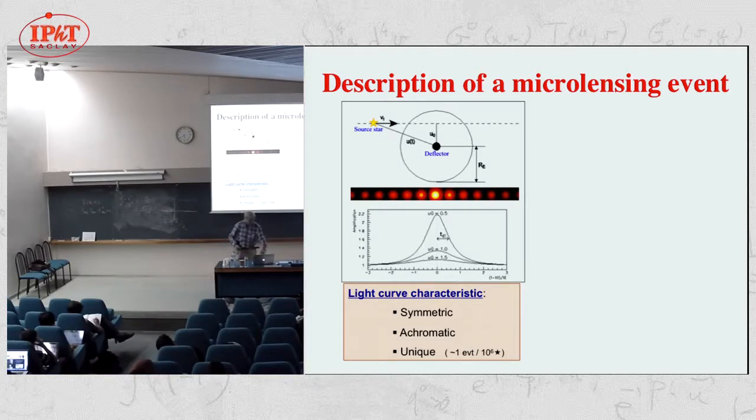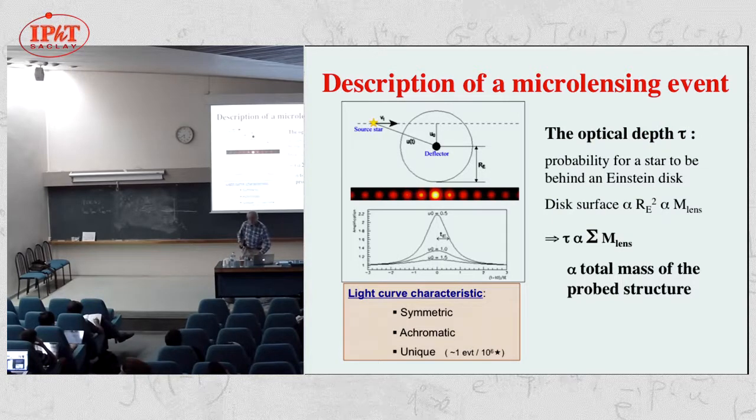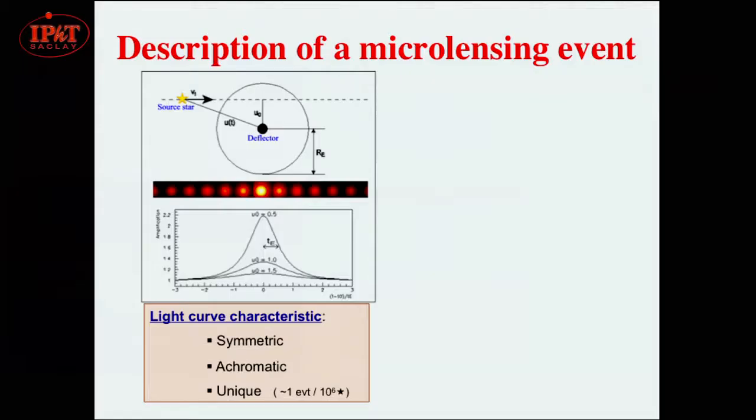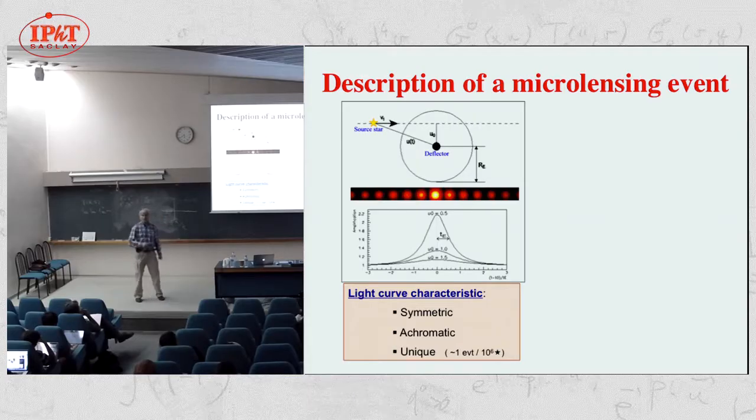Why is it unique? Because of the very small probability for a star to lie behind the lens. The probability for a given star to be lensed by a factor of more than 1.34 is of the order of 10 to the minus 6.